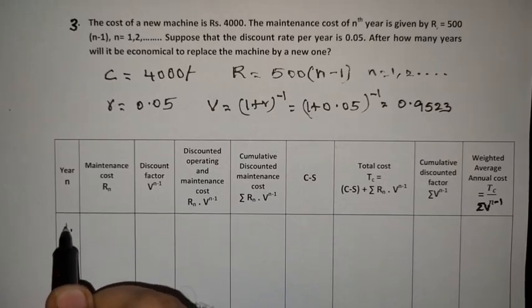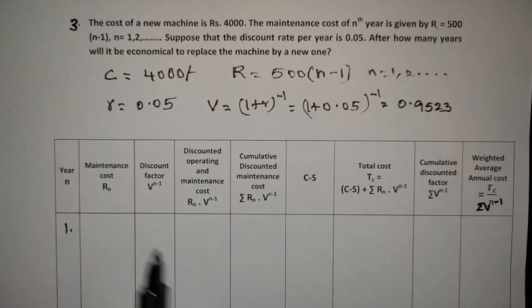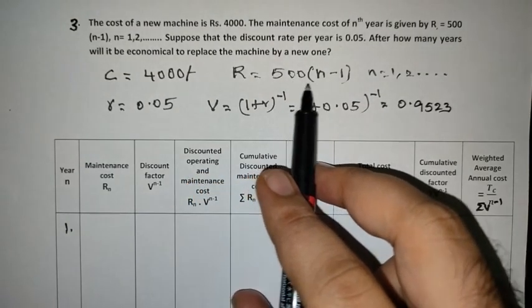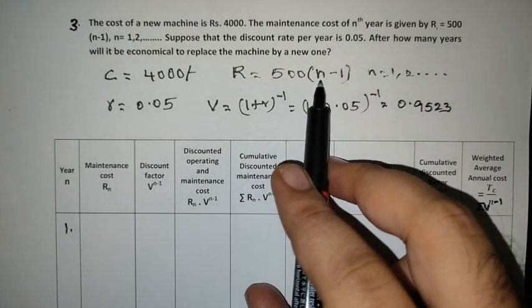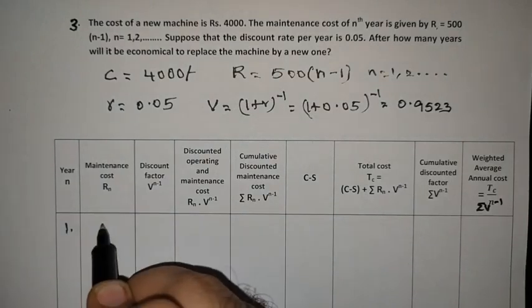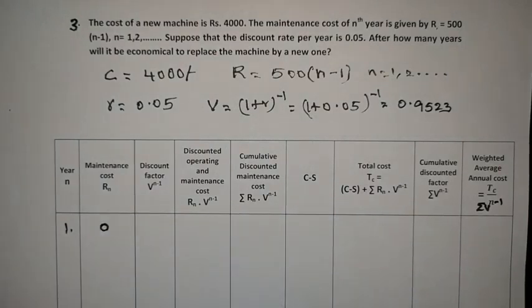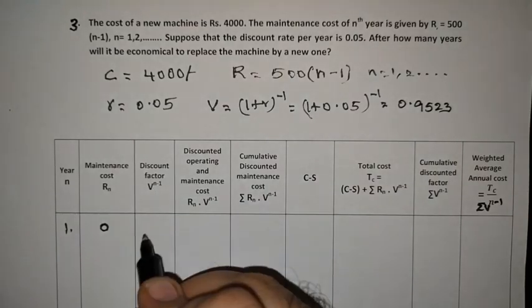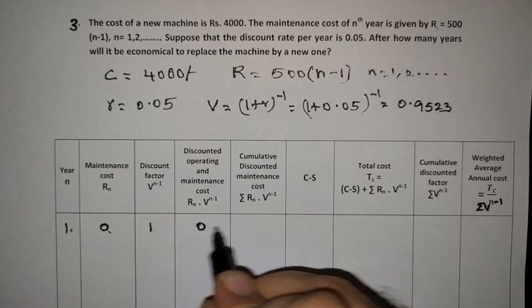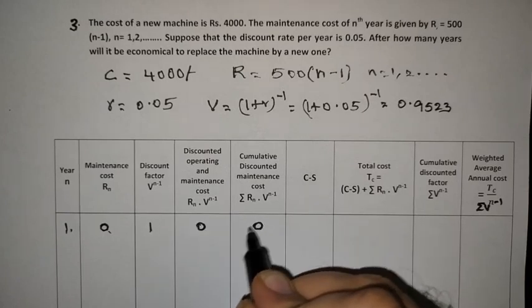So now let us calculate for the first year. First I calculate the maintenance cost Rn. R is 500 into n minus 1. In the first year n is 1, and 1 minus 1 is 0, so R value becomes 0. Next V power n minus 1: V power 0 is 1. Then Rn into V power n minus 1 is 0, and sigma value is also 0.